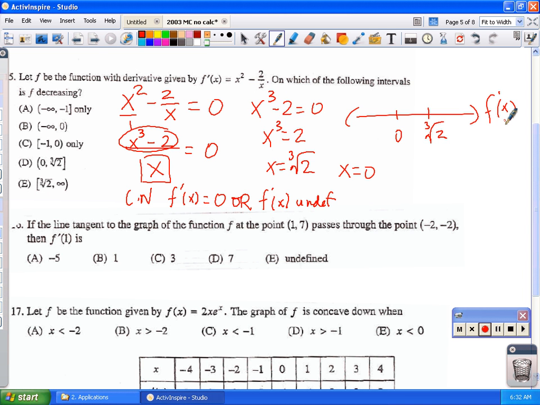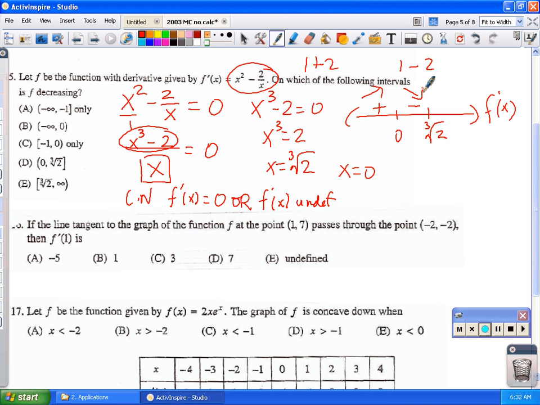So if I put -1 in this derivative, I'll get +1 minus 2 over -1, that would become +2, so that's a positive. So the function is increasing, but we're looking for decreasing. If I substitute the number 1 in here, I'll get 1 minus 2, which is negative 1, so I get a negative. So the function is decreasing.